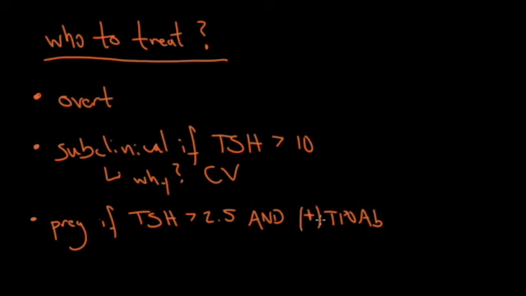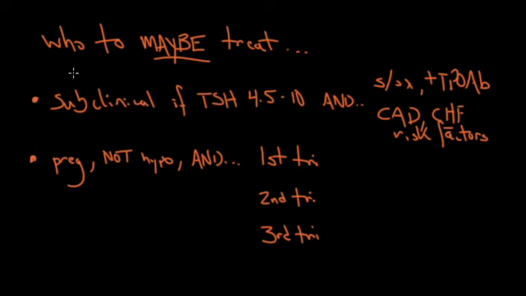Okay, so we touched on who we definitely treat in that past slide, but who do we maybe treat in wishy-washy scenarios where we're not necessarily sure if we want to treat or not? There's two big ones. One is subclinical if the TSH is between 4.5 and 10, and they have other stuff like signs and symptoms of hypothyroidism. They might have positive TPO antibodies.